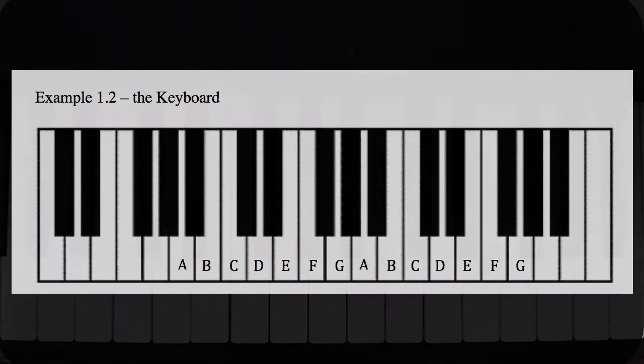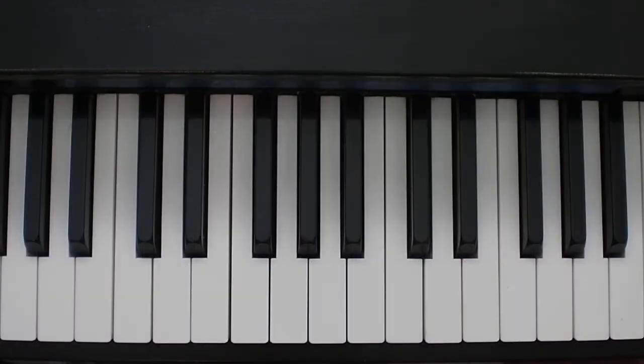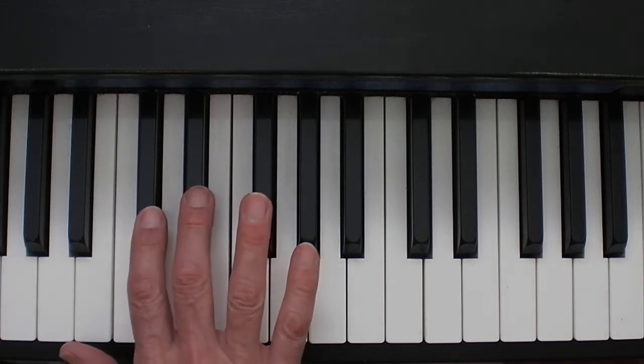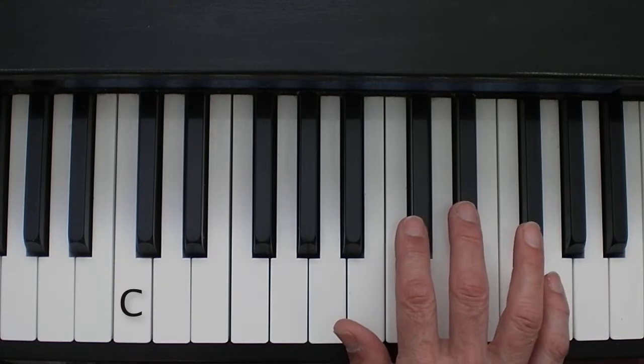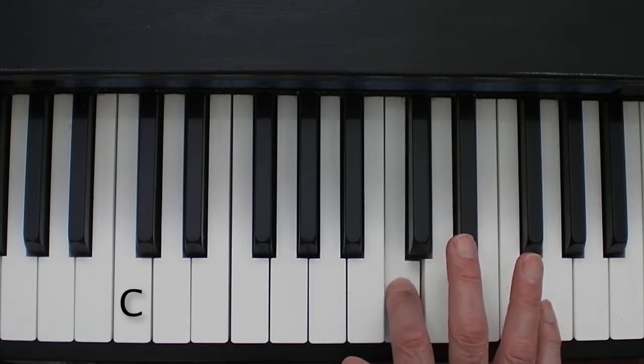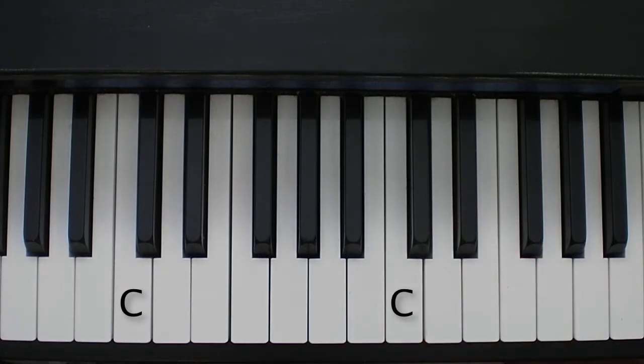For instance, the letter C always appears on the white note immediately to the left of the 2 black note grouping. And the letter F always appears immediately to the left of the 3 black note grouping.